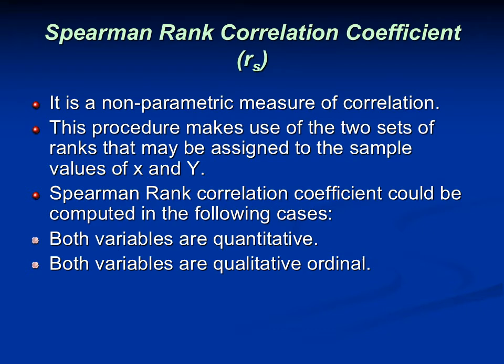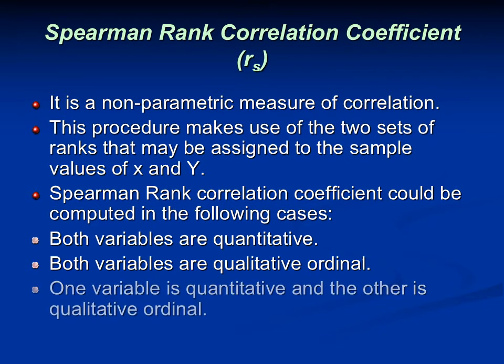And if you have purely quantitative variables, then we have a parametric measure, and that is Pearson's correlation coefficient. This procedure makes use of two sets of ranks that may be assigned to the sample values of x and y. Spearman's rank correlation coefficient can be computed if both variables are quantitative but ranked, and secondly, if both variables are qualitative, that is ordinal in nature.